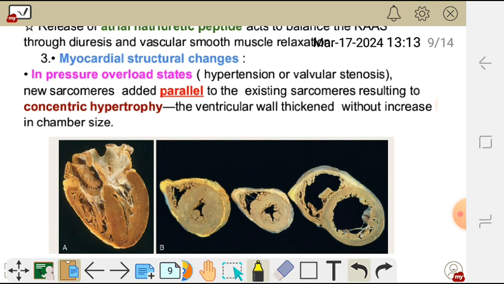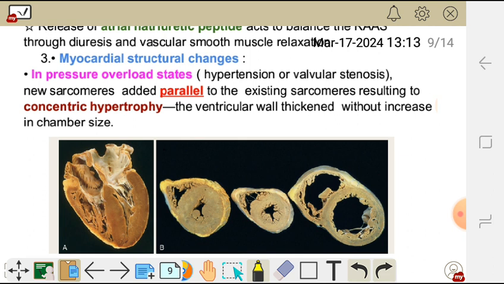Another mechanism here is the myocardial structure changes, and one of the changes occurs as a result of a pressure overload state. If the pressure is increased in the heart, we are going to have new sarcomeres added, and those sarcomeres are going to be added parallel to each other.